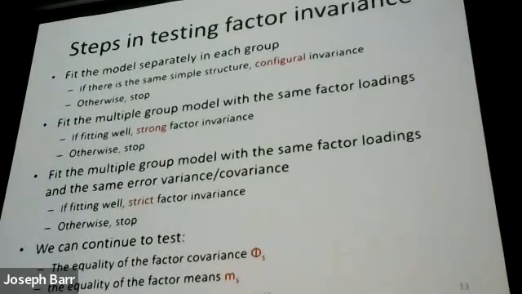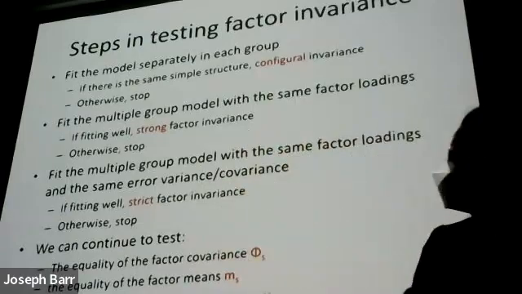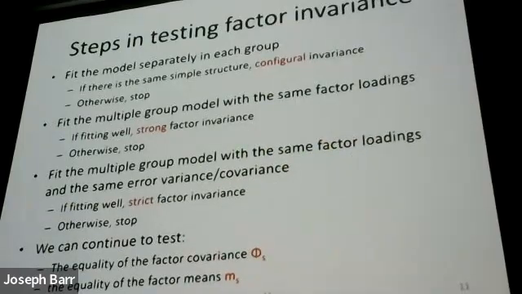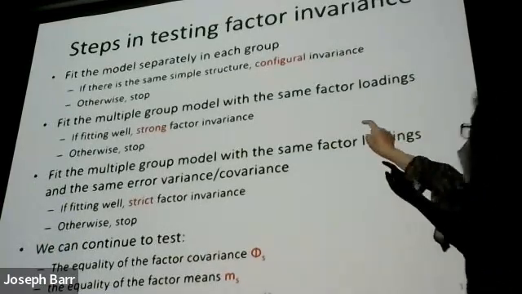And then if it's satisfied, go to the second one and try to fit the multiple group model with the same factor loadings. What does that mean? We have to make sure the factor loadings are the same, by putting constraints on all these loadings. Do not constrain the other parameters.